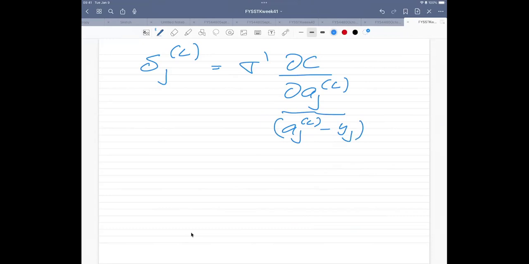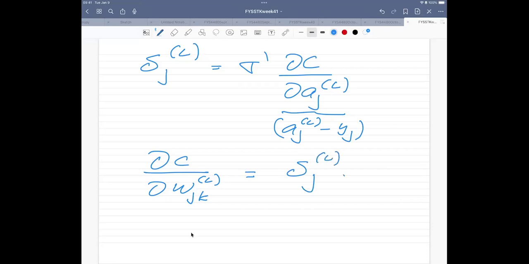So that means that we now have an expression for dC dW of JK of L, which is given by this function delta J of L times my AK from the previous layer, the output from the previous layer.